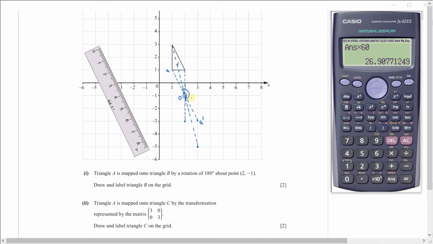That's how you rotate around this point. Let me just erase this, and then I can simply join these 3 points to form my triangle B here. So this will be my triangle B.